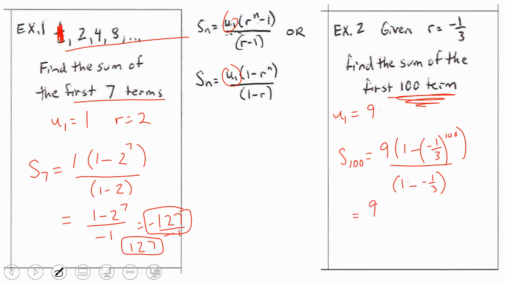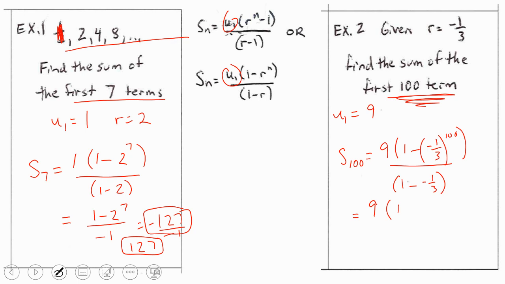So just be careful here. Use your calculator. When you put negative 1/3 in your calculator to the 100th power, make sure you put it in parentheses. You might get some weird stuff going on.